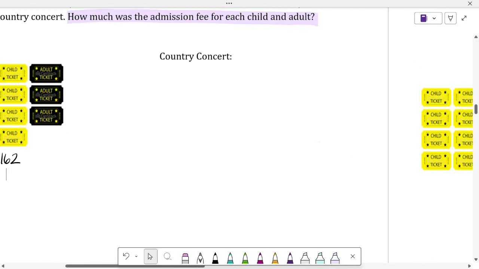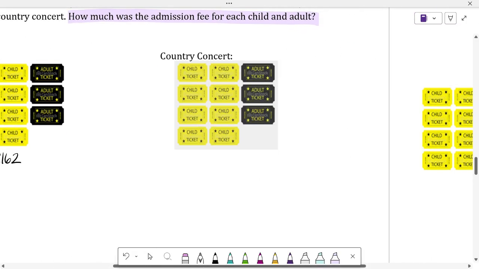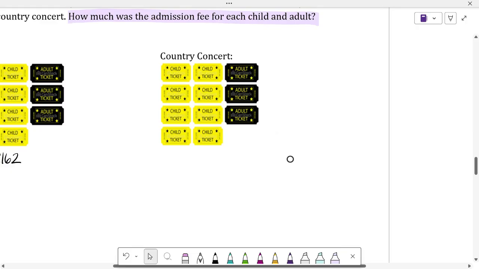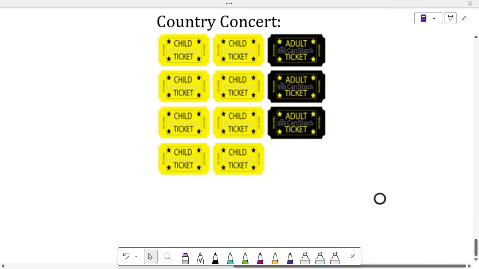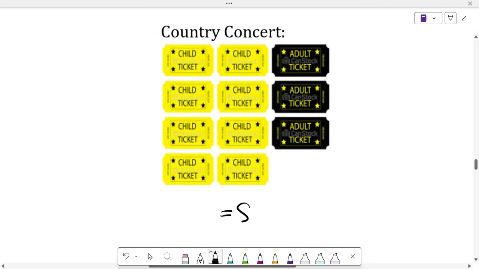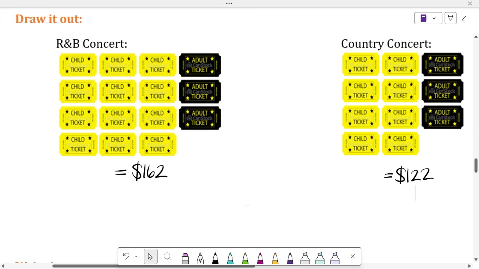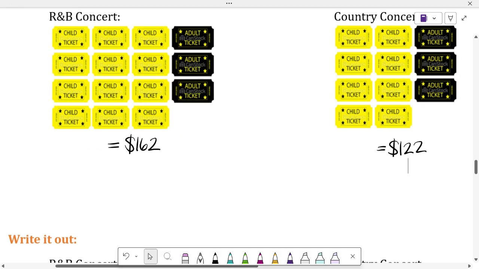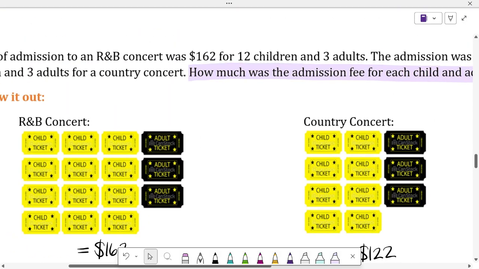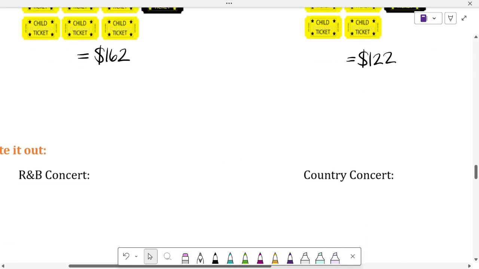The country concert was 8 child tickets and 3 adult tickets, and that one cost $122. Let's write the equations. Again, what we're looking for is the admission fee, or the price of the tickets. I'm going to use X and Y here just to kind of change it up.